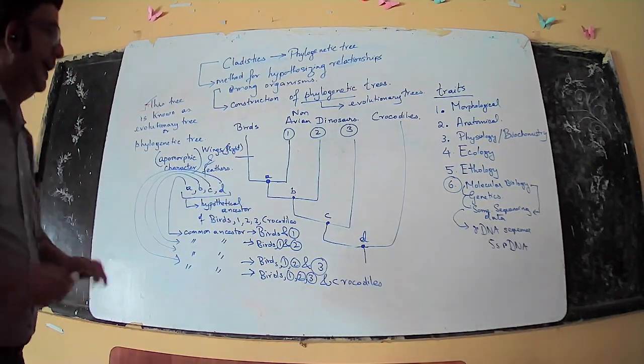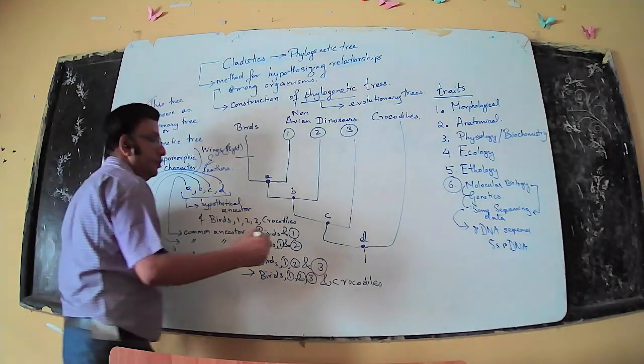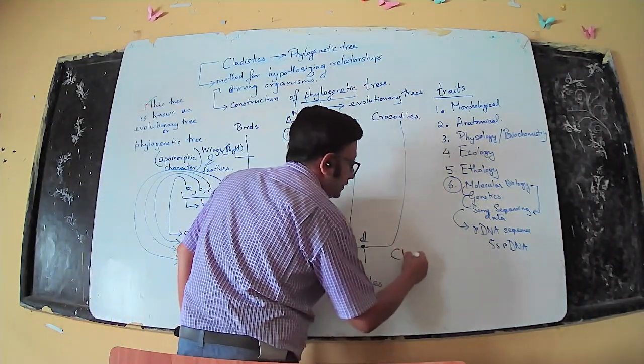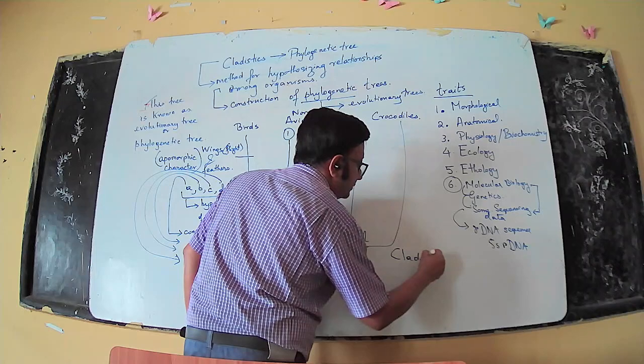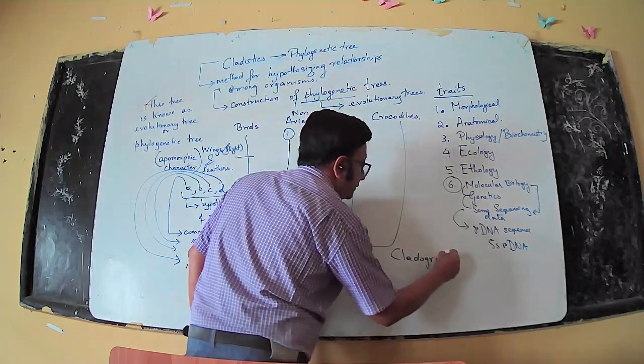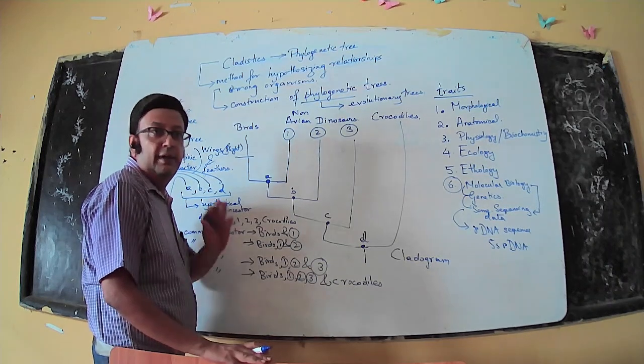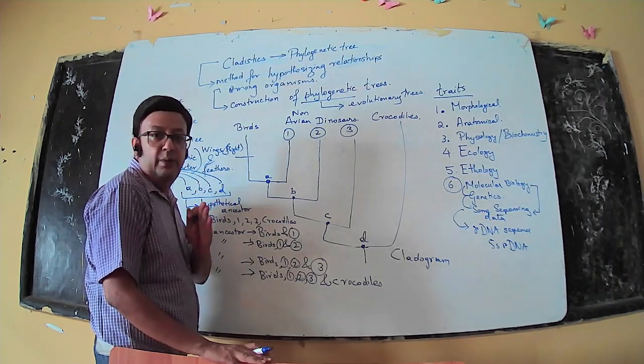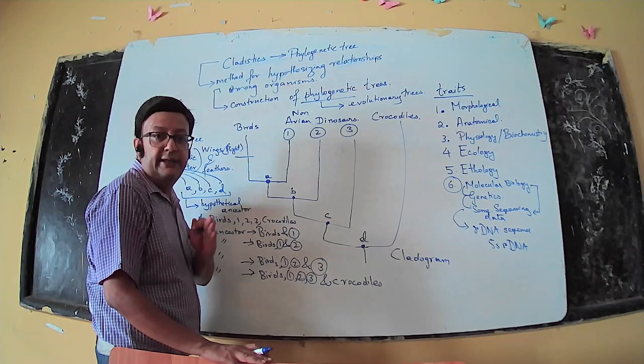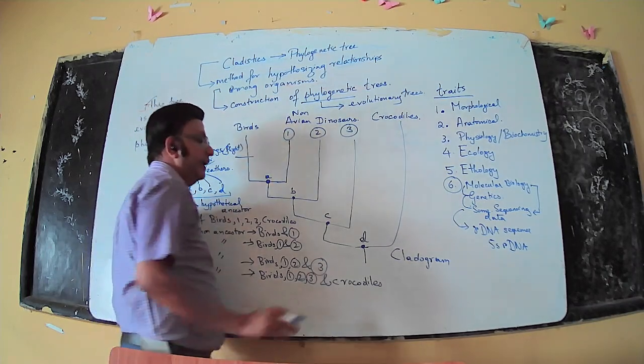And this diagram is known as cladogram. This cladogram is a diagram which depicts ancestral relationships among organisms.